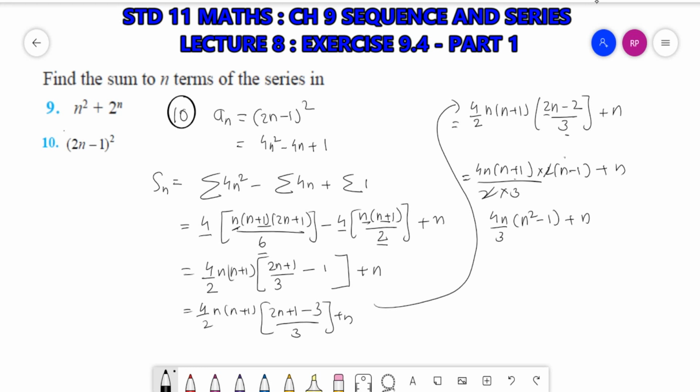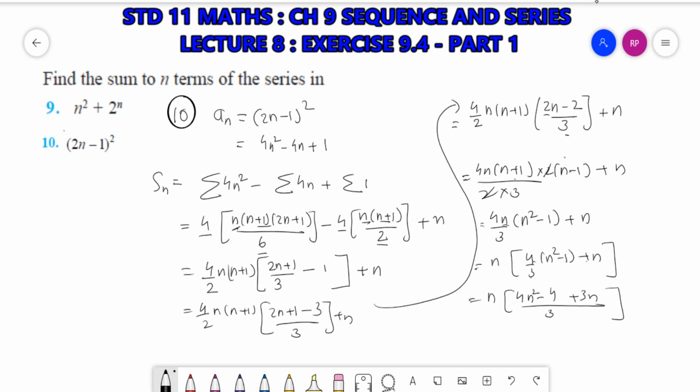So now again I can take n common. So it will be 4 by 3, n square minus 1 plus n. Taking 3 as LCM, I can write 4 into n square minus 4 into 1, plus 3n.